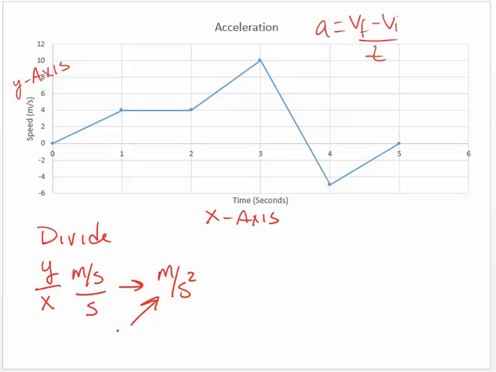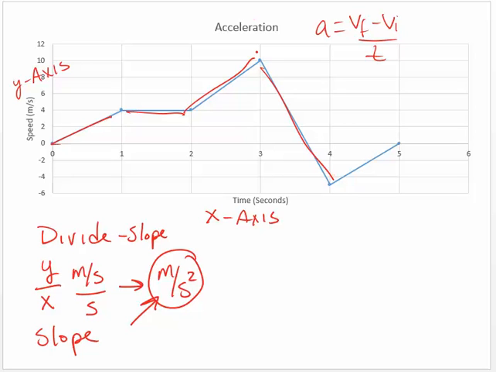Henceforth, dividing is going to give us the slope, and when we find the slope, that means it is acceleration. This tells us acceleration. So on a speed and time graph, those slopes there, that's giving us acceleration. So the slope equals acceleration on a speed time graph.